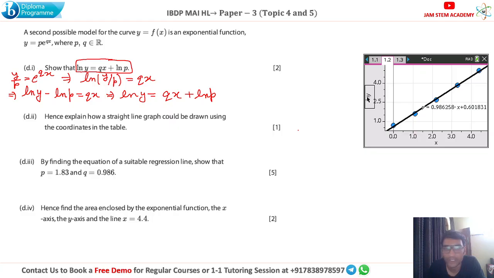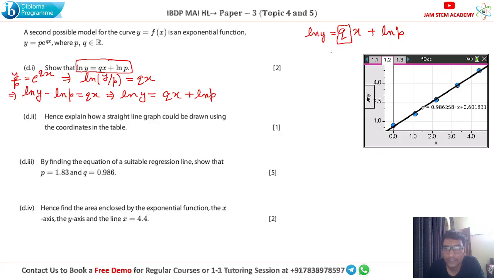It is corresponding to natural log of y equals qx plus natural log of p. So this is q.